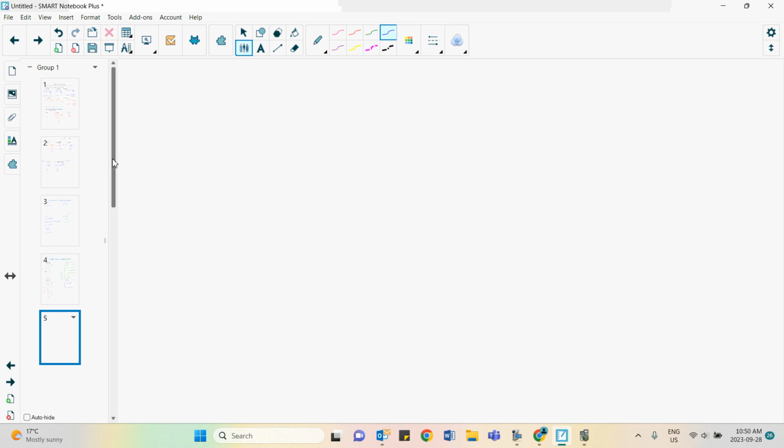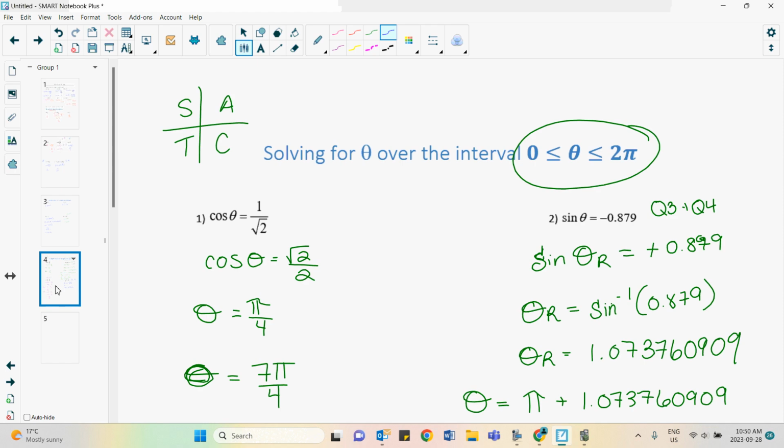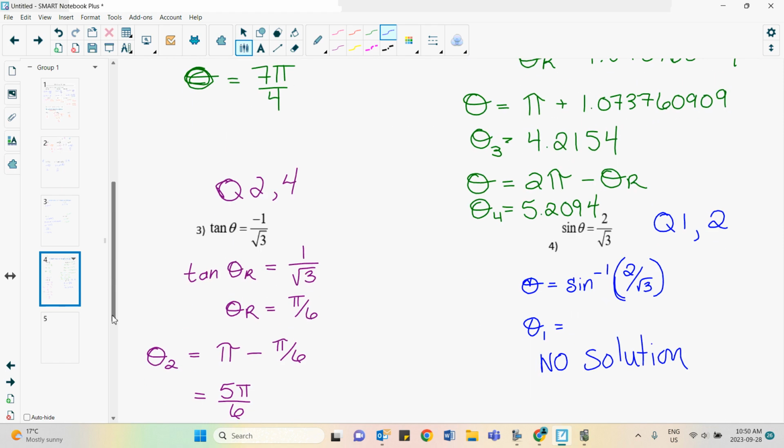Okay, one word about restrictions. Pay attention to them, because sometimes they'll say your restriction is like quadrants 2 and 3. And in a case like this one, where answers were in 2 and 4, we would not list 4 as an answer if the restriction was just quadrants 2 and 3.